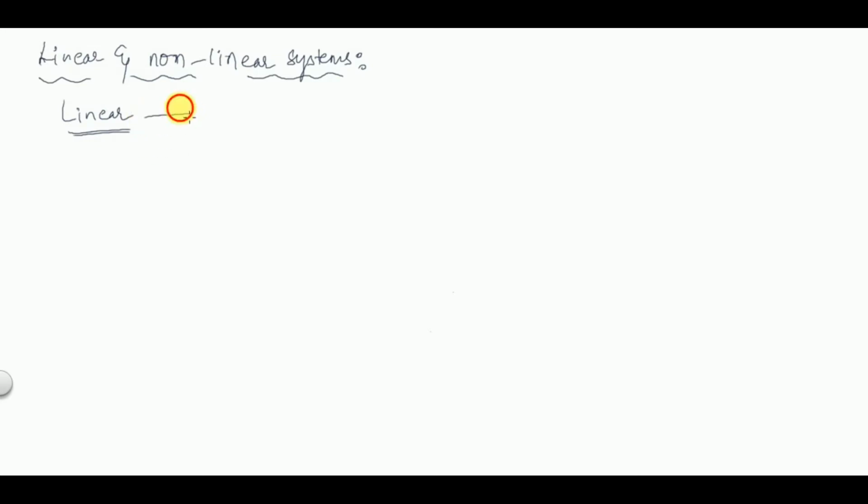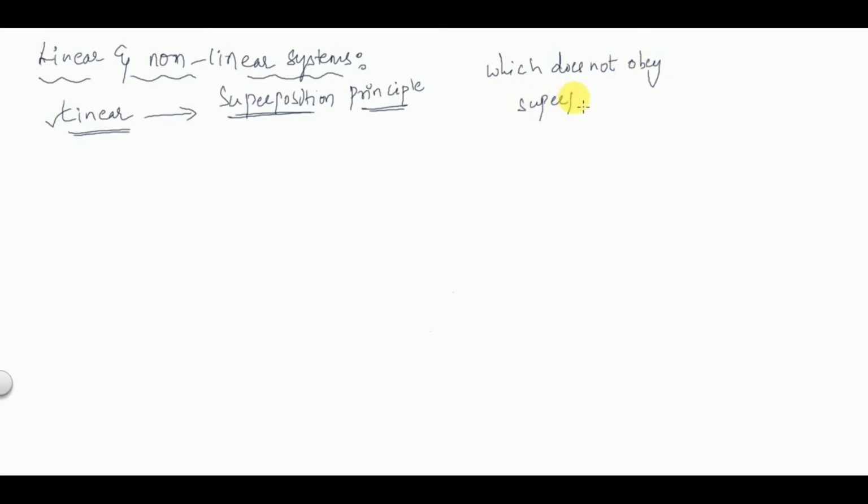So generally, a system is said to be linear if it obeys the superposition principle. Any system which obeys the superposition principle is said to be a linear system, and any system which does not obey the superposition principle is said to be a non-linear system.